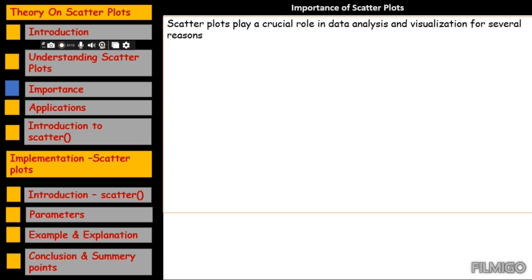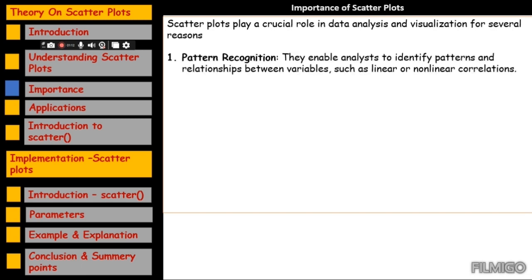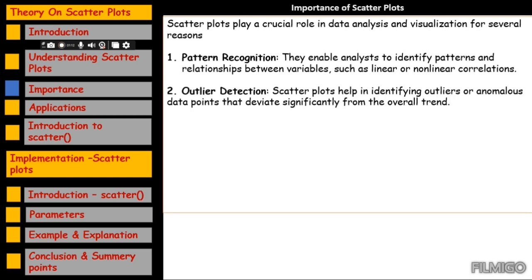Importance of scatter plots. Scatter plots play a crucial role in data analysis and visualization for several reasons. Pattern recognition: they enable analysts to identify patterns and relationships between variables, such as linear or nonlinear correlations. Outlier detection: scatter plots help in identifying outliers or anomalous data points that deviate significantly from the overall trend.